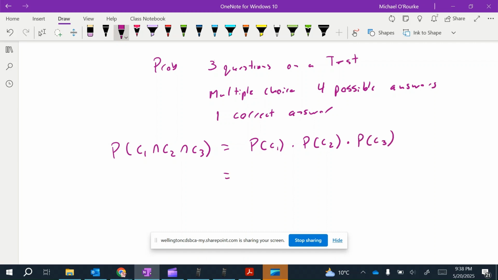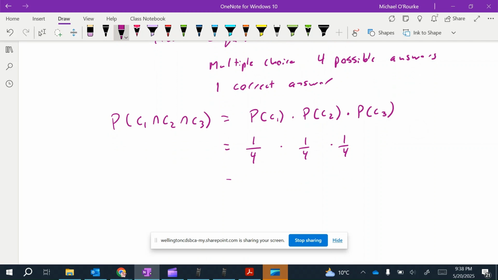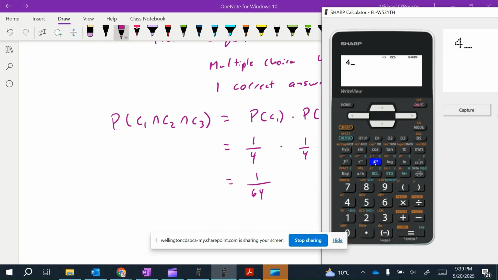So the probability of getting an answer right, if I'm just guessing, would be 1 out of 4 times 1 out of 4 times 1 out of 4. So the probability of getting all 3 right would be 1 out of 64. 4 to the power of 3 is 64.